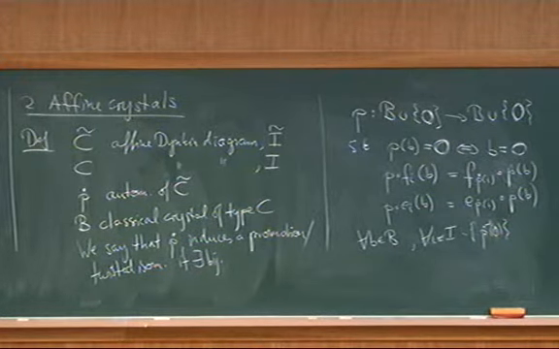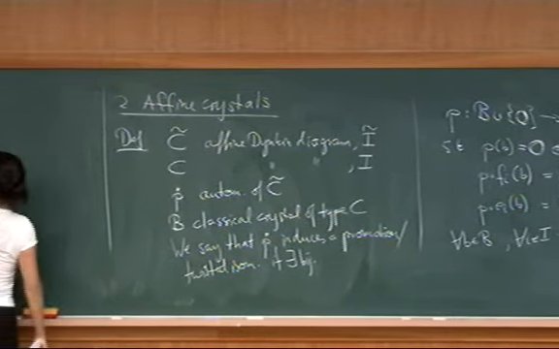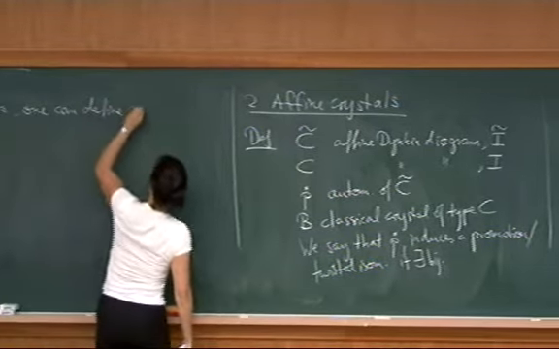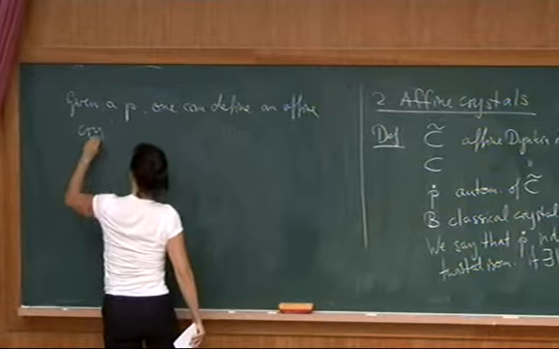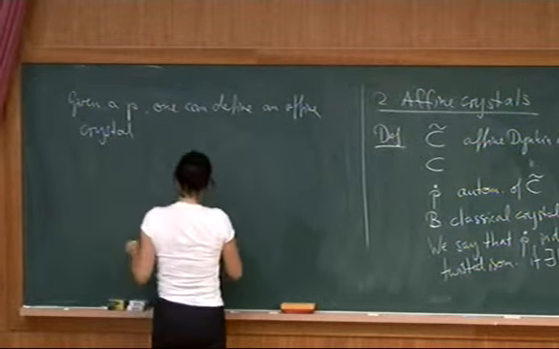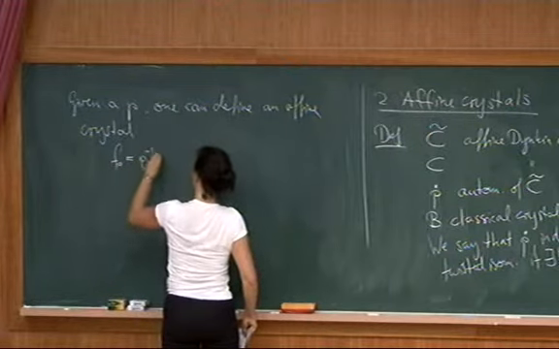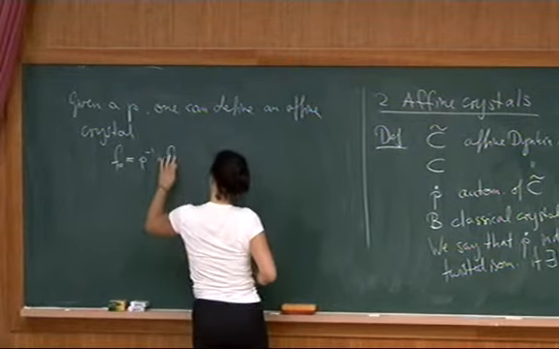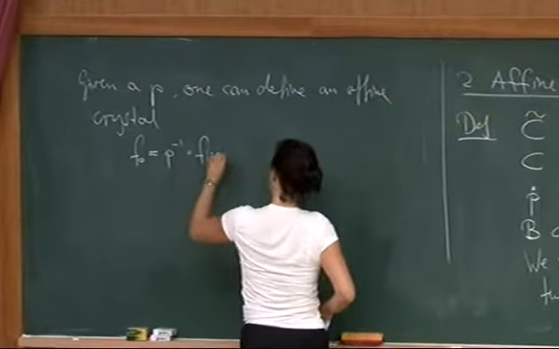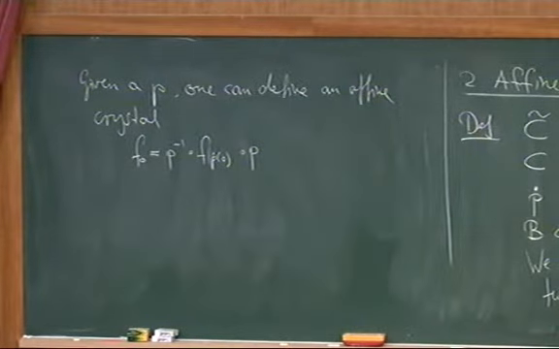So given a promotion, one can define an affine crystal by saying that my F0 should really be P inverse F P dot of 0 P, sorry, P.